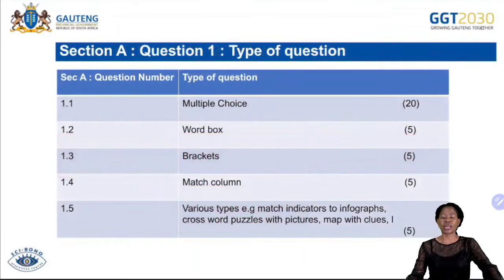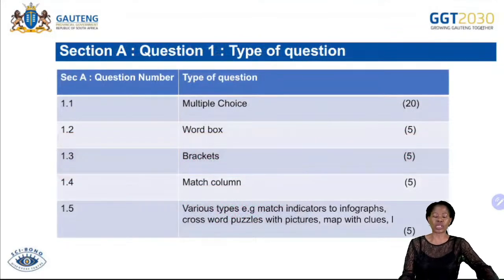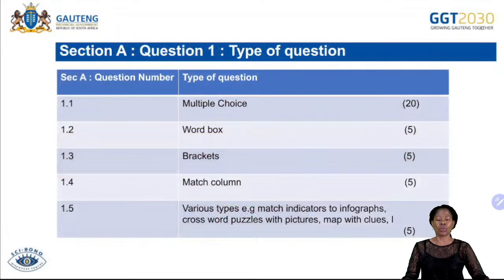Like I said, section A is the type of question that you will come across. You will have 1.1, which is multiple choice, which will be 20 marks. 1.2, one word box, 5 marks. 1.3, brackets, where you will be asked to choose, which is 5 marks. 1.4, the match columns, 5 marks. 1.5, various types of questions.